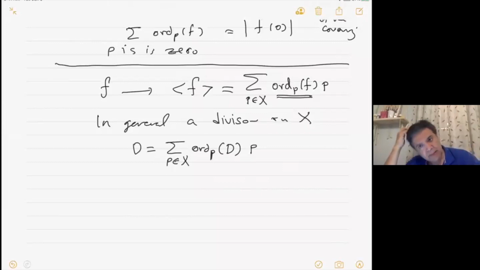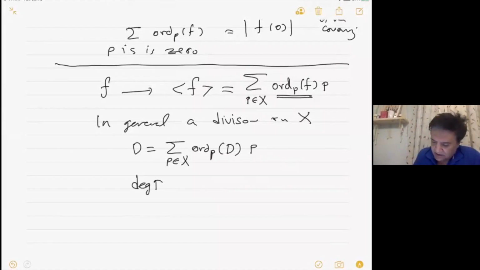An example of such a divisor is the divisor of a function, which is sometimes called a principal divisor. What you can do with divisors is that you can add them, and you can say d1 is bigger than d2 if each coefficient in d1 is bigger than the corresponding coefficient in d2. You can also talk about the degree of a divisor, which is the sum of the ord_p.